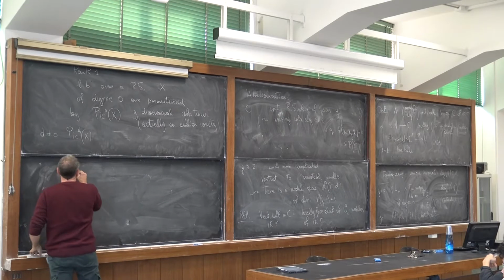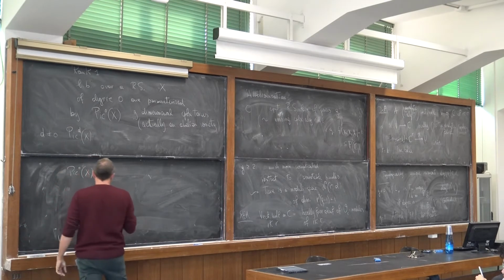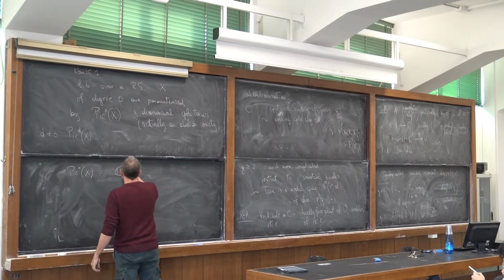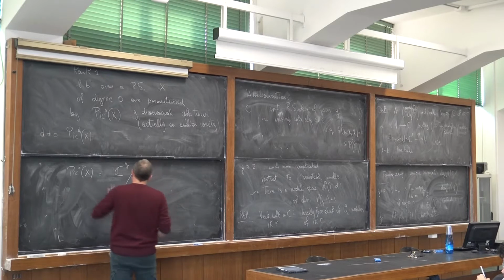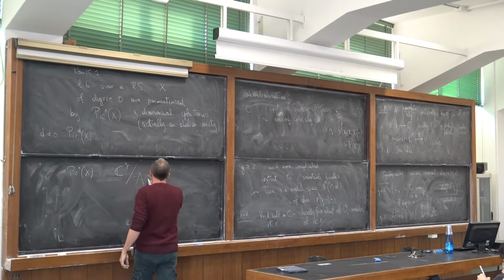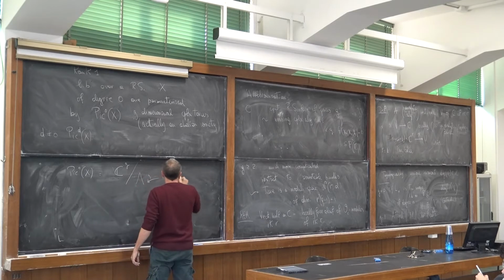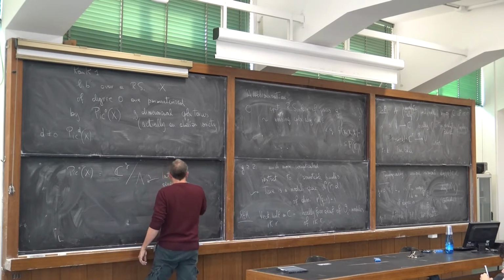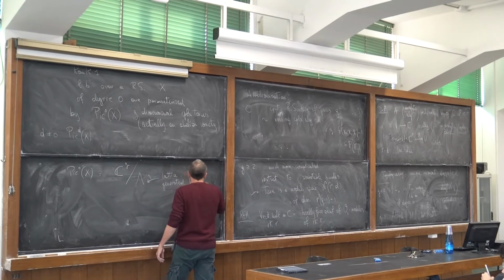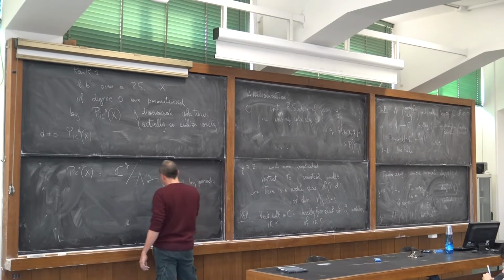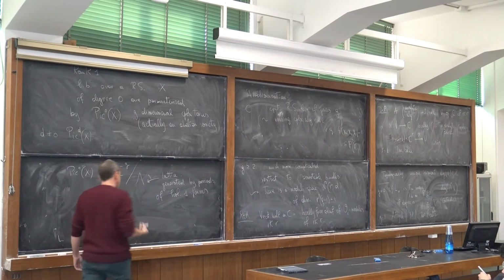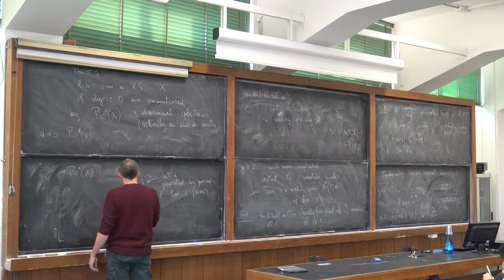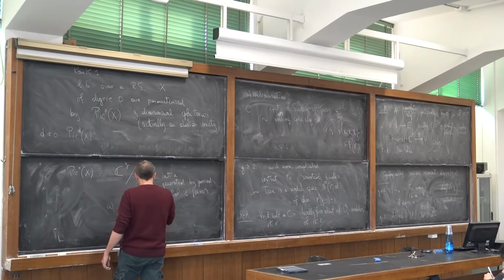So Pic^0 as a complex torus has an explicit description as the quotient of an affine space by a lattice. This is the lattice generated by periods of holomorphic one forms. Genus g means that you have a basis omega_1, ..., omega_g of holomorphic forms.